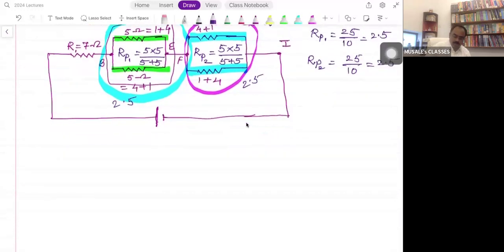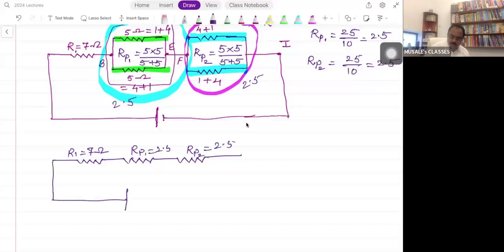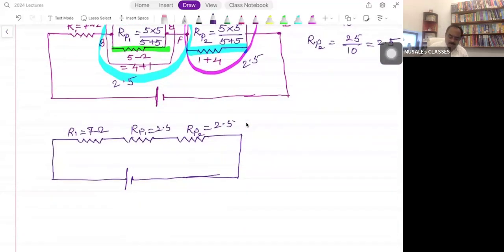Again I will draw a final circuit. That will be R1 as it is. Then I am getting 2.5 and 2.5. This is R1, which is 7. This is RP1, this is RP2, this is 2.5, this is 2.5. Finally connected to the cell, and the potential is 6.